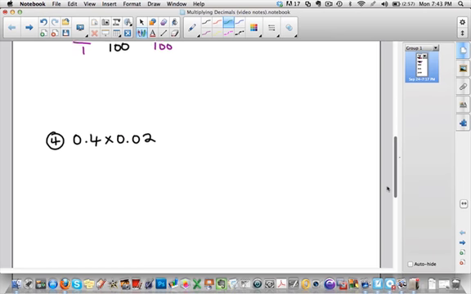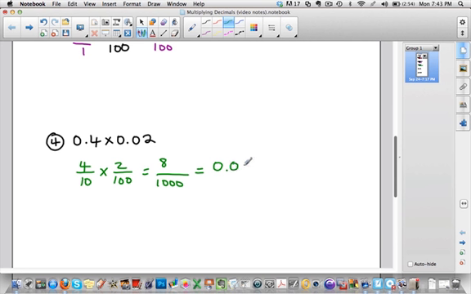So what happens if I change the 4 to decimal 4? Let's take a look. This is 4 over 10 times 2 hundredths. 4 times 2 is 8. 10 times 100 is 1,000, which is, this is the tenths place, hundredths place, thousandths place, I have 8 thousandths. 0.008.